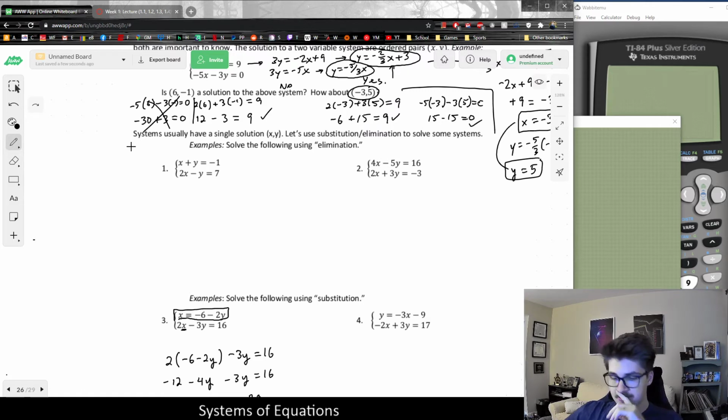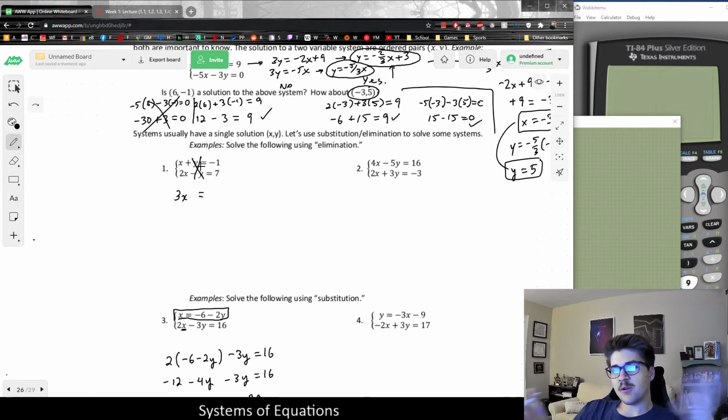In example number 1 from the packet, if I add them together, x plus 2x is 3x, and y minus y makes 0. This is why we call it elimination: the y's eliminate or cancel each other out.